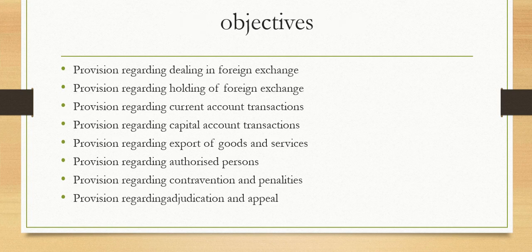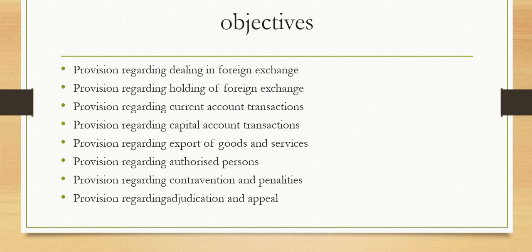So, what are the objectives of FEMA? The objectives of FEMA are as follows. The first one is provision regarding dealing in foreign exchange. According to section 3, only an authorized person and the government can deal in foreign exchange in India.